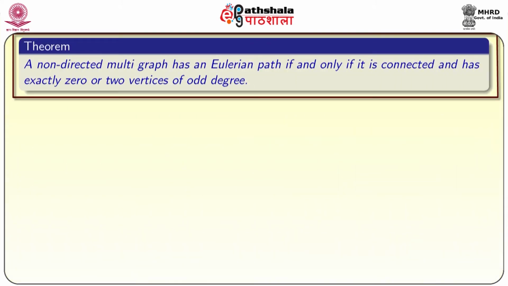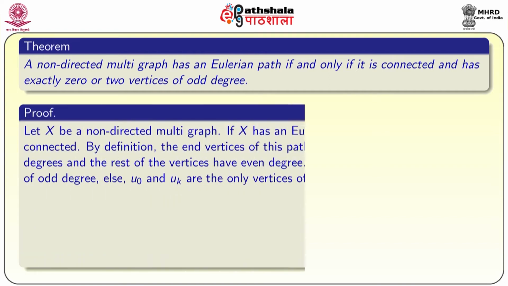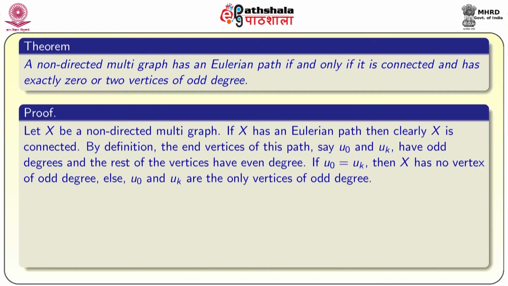Now, we prove another result, that is, a non-directed multigraph has an Eulerian path if and only if it is connected and has exactly 0 or 2 vertices of odd degree. This is a result about Eulerian paths. Let X be a non-directed multigraph.